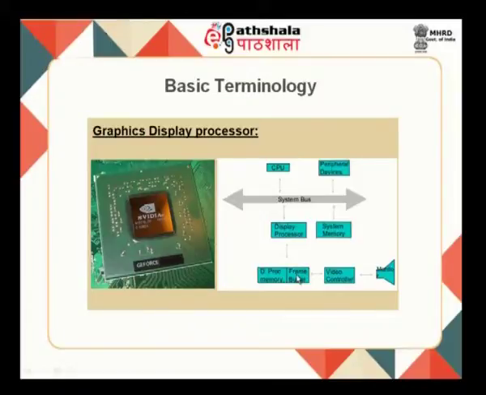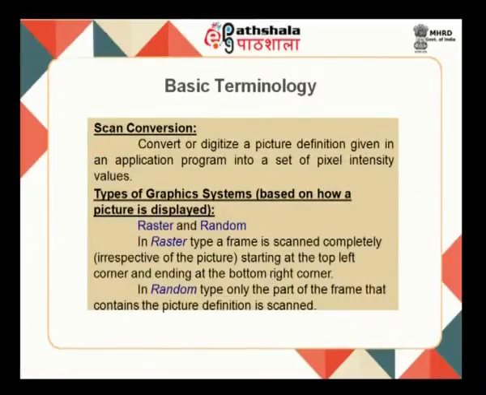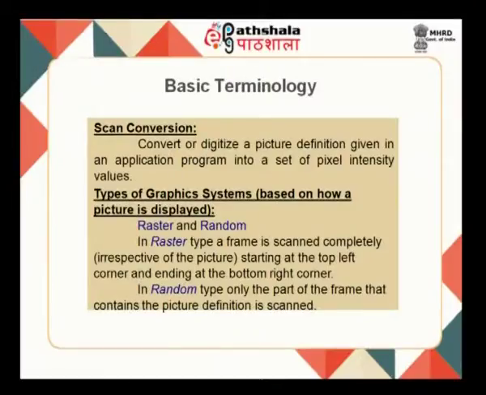While some other image is being shown, the display processor already calculates the intensity values required, and that is again stored in the frame buffer, which is then fed to the video controller, and finally to the monitor. So, the display processor does an important job called scan conversion. As you see in the definition, it is the process of converting or digitizing a picture definition given in an application program into a set of pixel intensity values. That is where your scan conversion process takes place, and that is done by the display processor.